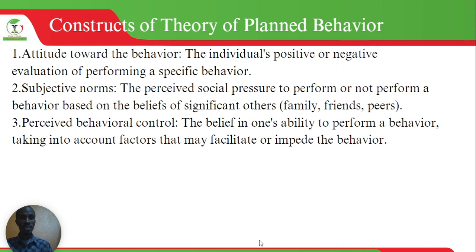Then subjective norms refer to the perceived social pressure to perform or not to perform the behavior based on the beliefs of the significant others. This could be family, friends, or peers. So you have to look at what the people around those you want to promote health in think of them, because it is more likely that if the significant others, maybe a relative or a friend, think that the behavior you're promoting is good for them, then they will be able to take up the same behavior.